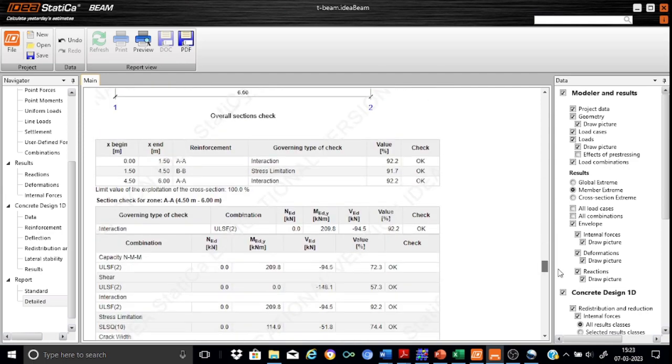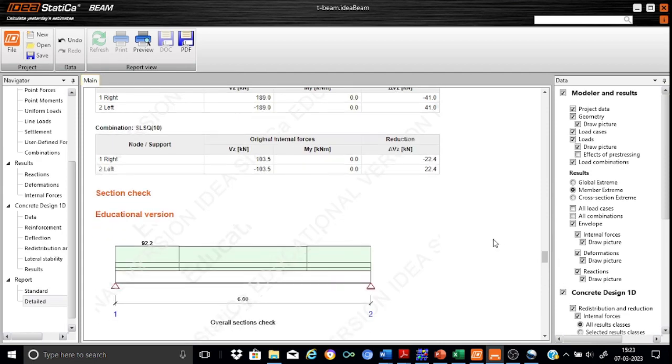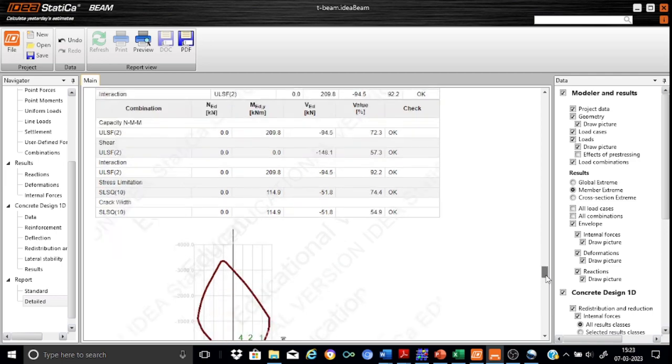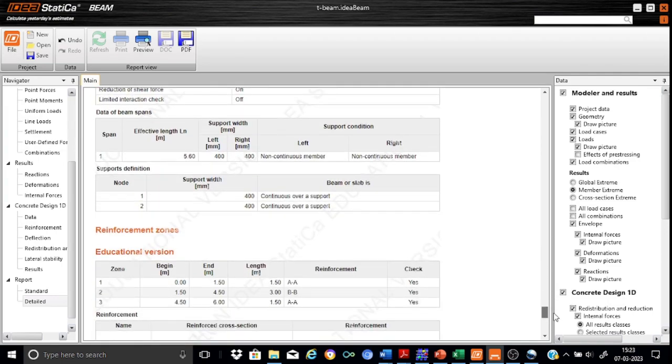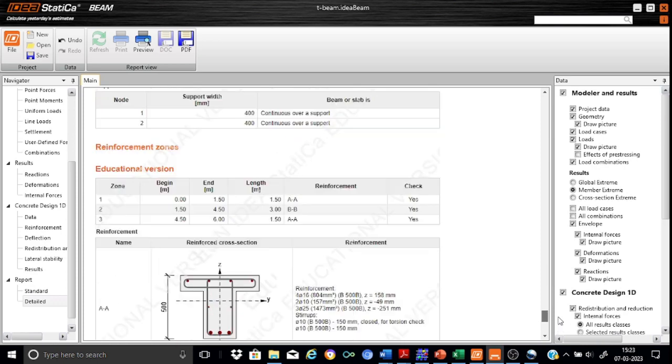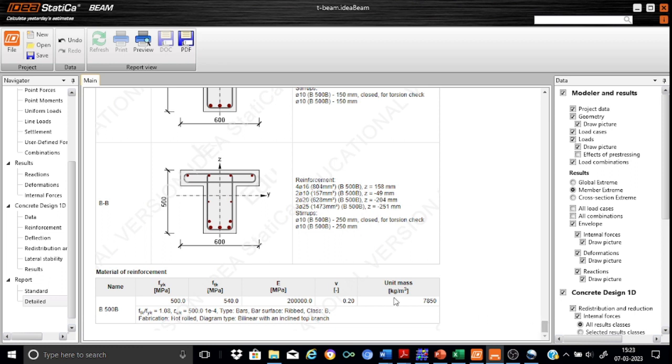It also provides you what we call the overall check of section AA and BB. It also provides you the NM diagrams, right? These are the things that we know, and it also provides you the section details. It gives you the total quantity of the reinforcement, right? It will also provide you the property of the steel used, etc.